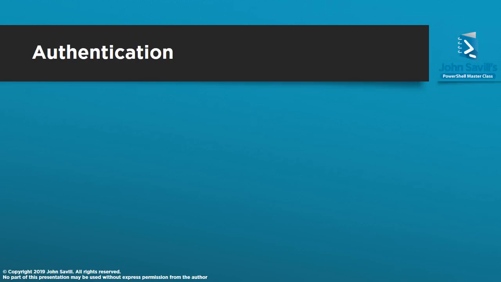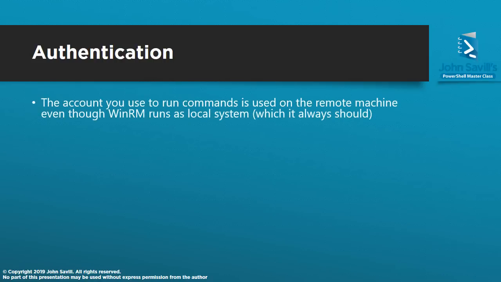Now, authentication can be a very interesting one when dealing with remote machines. Ordinarily, the account I'm logged in as is the account it's going to use on the remote machine. Even though WinRM is running as local system, it's still going to use my credential.